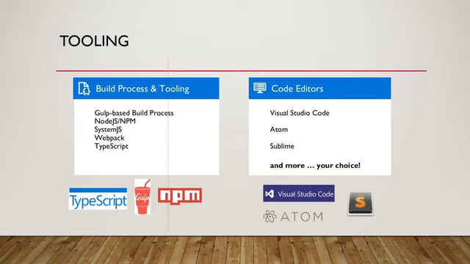So we're going to be using a lot of just standard open source tools that a lot of web developers nowadays understand. We're going to be using Gulp as our build process. If you want to start working with this on your own, you're going to need to install Node.js. System.js handles a lot of our module loading. Webpack will do our bundling.